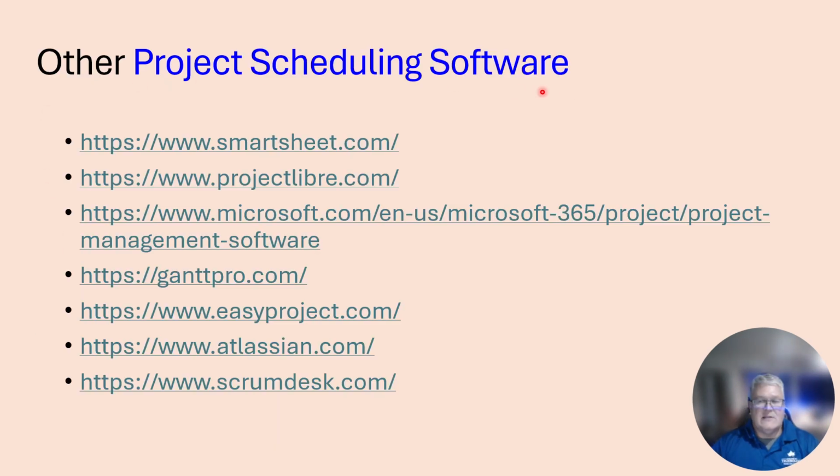Here's some links to these software. So here's Smartsheet, ProjectLibre, MS Project 365, GanttPRO, Easy Project, Atlassian, and then ScrumDesk. Obviously, ScrumDesk is going to be for iterative or incremental software, especially when you're doing a software type of project.